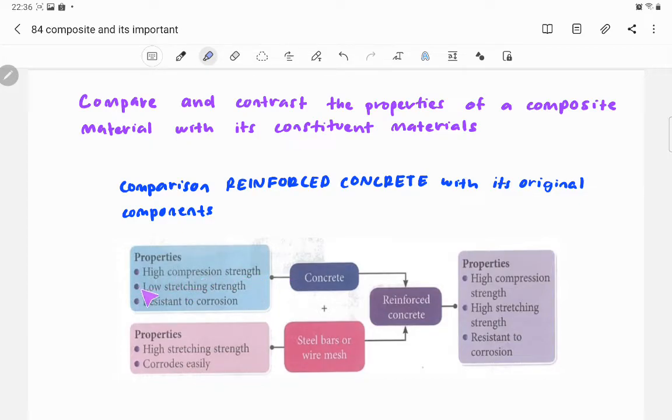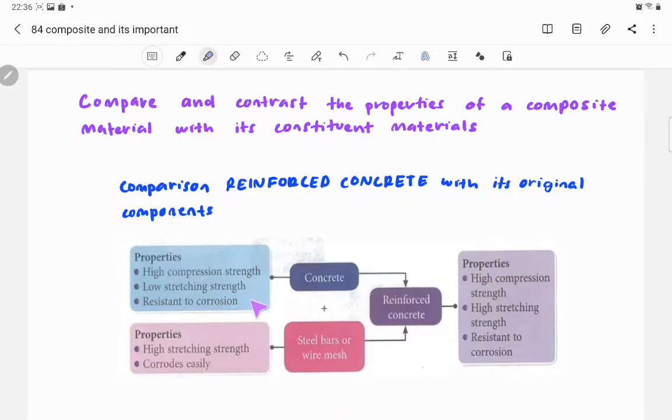As you can see, low stretching strength. So maksudnya when we apply high stretching force, dia akan menyebabkan concrete tu tadi akan break up. So susahlah macam tu kan. And then another lagi property yang baik untuk concrete is resistant to corrosion.